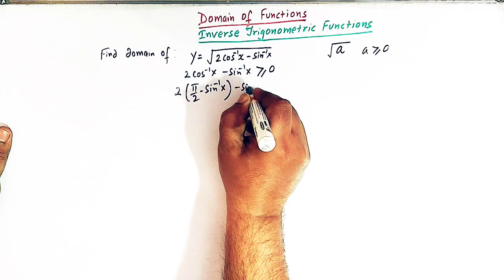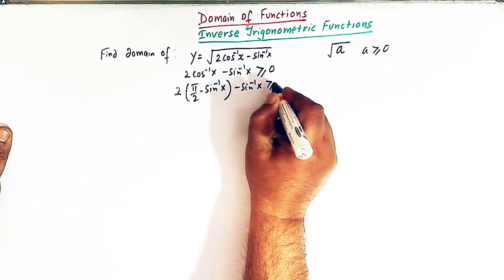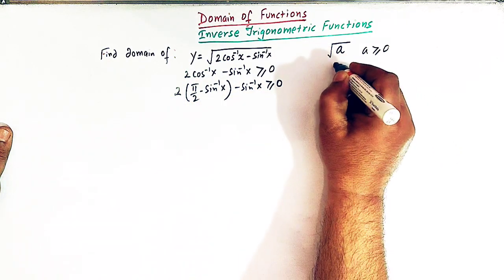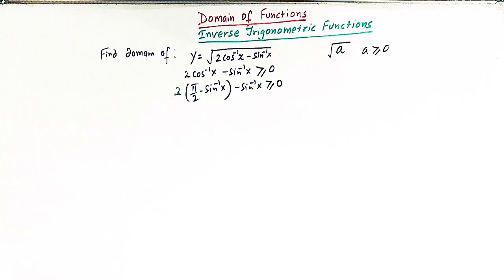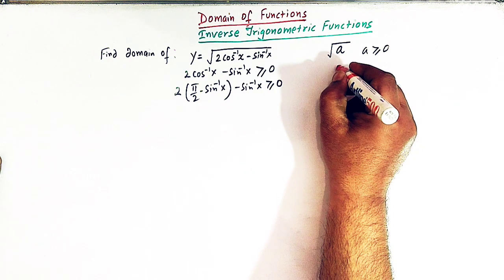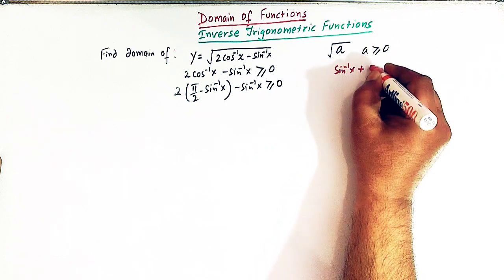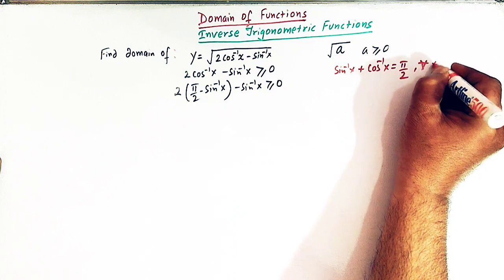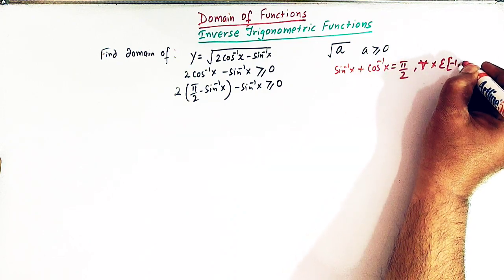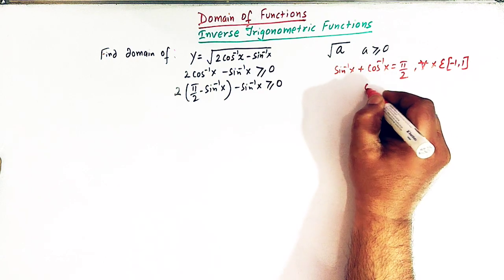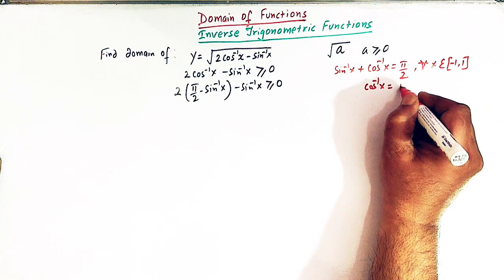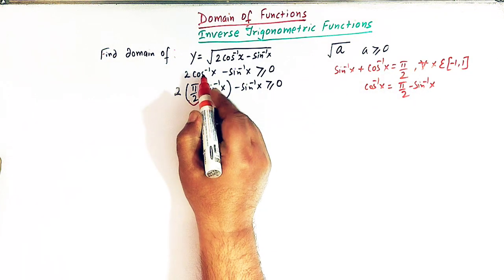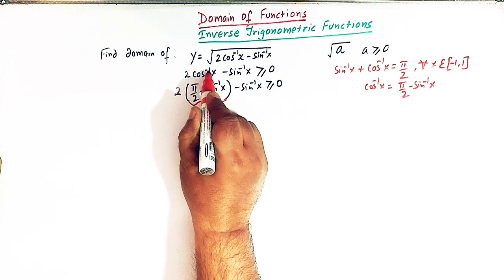Here we have used an important property of inverse trigonometric functions, that sine inverse x plus cos inverse x is equal to pi by 2 for all values of x belonging to the interval minus 1 to 1. So we have written cos inverse x equal to pi by 2 minus sine inverse x.